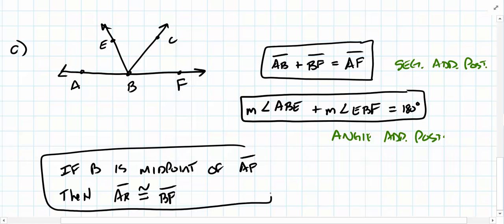Okay, that's a statement I've made about the picture. If B is the midpoint of AF, then we can say that AB is congruent to BF.